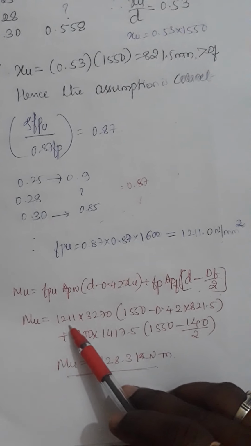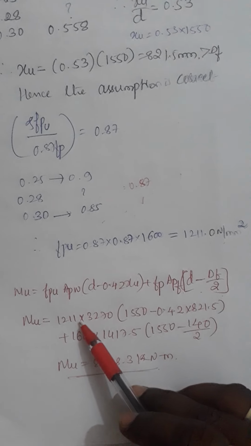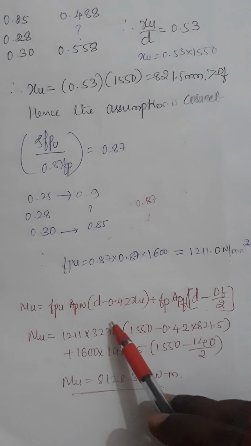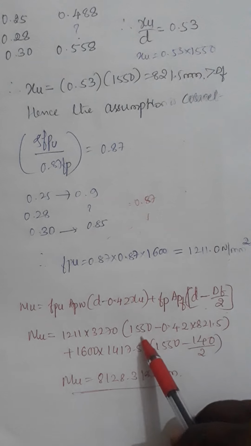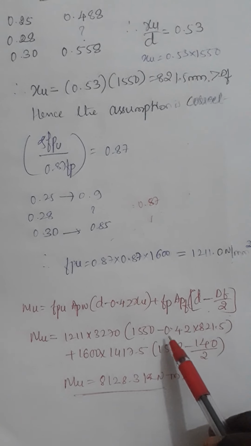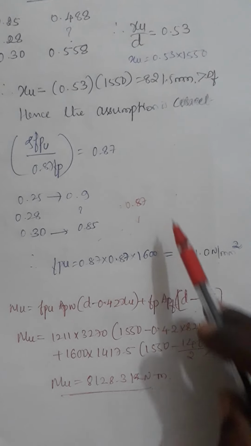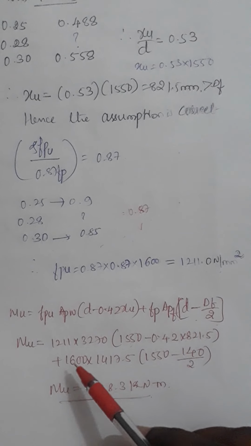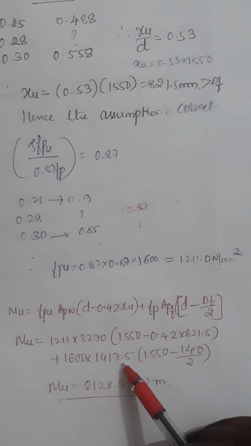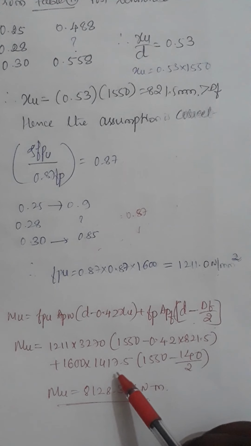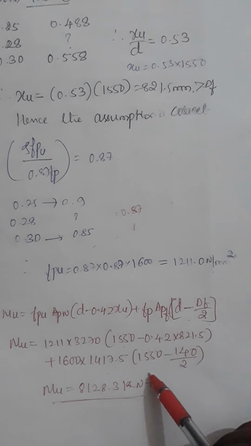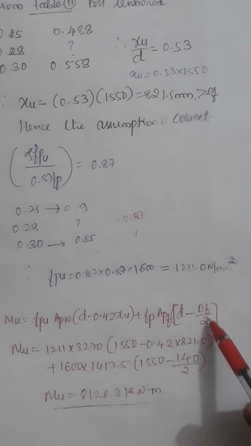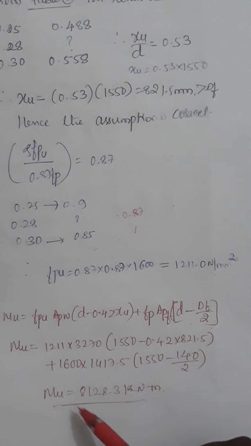So FPU value we got 1211, into APW is 3270, into effective depth 1550 minus 0.42 into XU, we got here 821.5 mm, plus FP is 1600 into APF is equal to 1417.5, then effective depth 1550 minus depth of the flange 140, divided by 2.